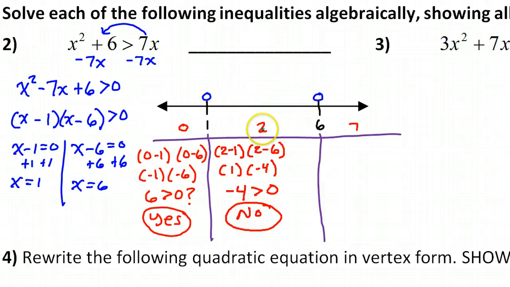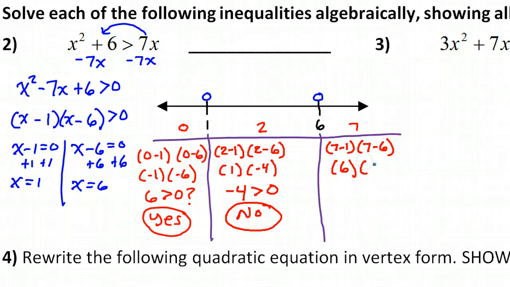And then finally we'll test the third zone. If I do 7 instead, this will become 7 minus 1 and 7 minus 6. 7 minus 1 is 6, and 7 minus 6 is 1. 6 times 1 is 6.